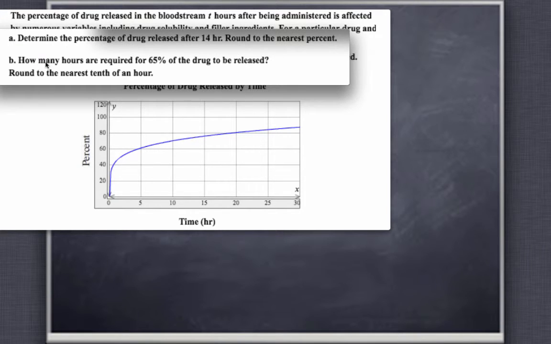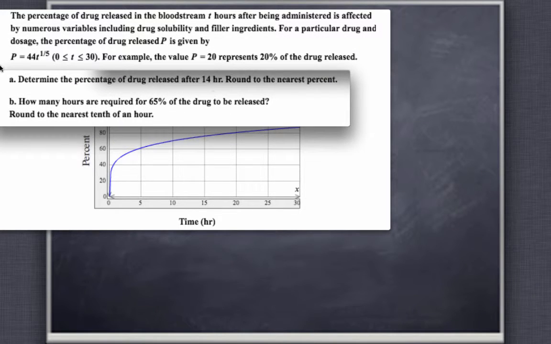So we want to first determine the percentage of drug released after 14 hours. So this function gives you the percentage of the drug released, P. So all I have to do there is plug in 14.